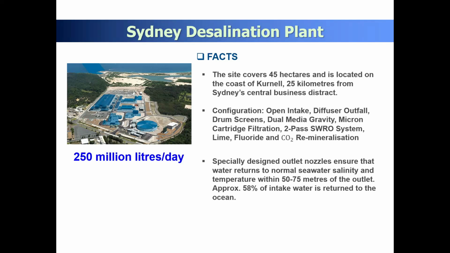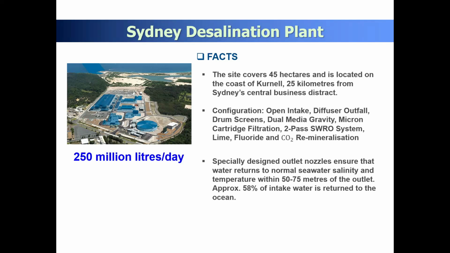So that's the process to produce drinking water from seawater. How many processes do you have to go through? How many design parameters? You have to understand everything to make your perfect design.